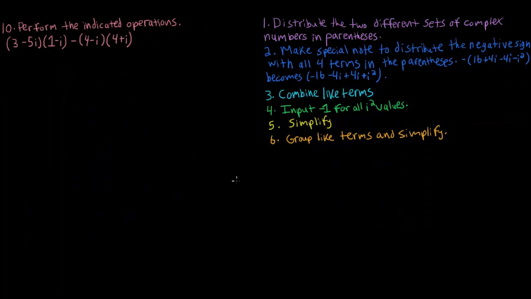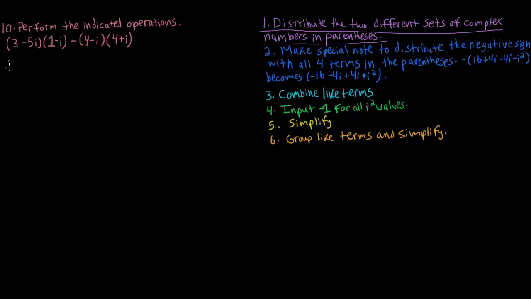Perform the indicated operations. 3 minus 5i in parentheses times 1 minus i in parentheses minus 4 minus i in parentheses times 4 plus i in parentheses. So for step 1, we want to go ahead and distribute the two different sets of complex numbers in parentheses.